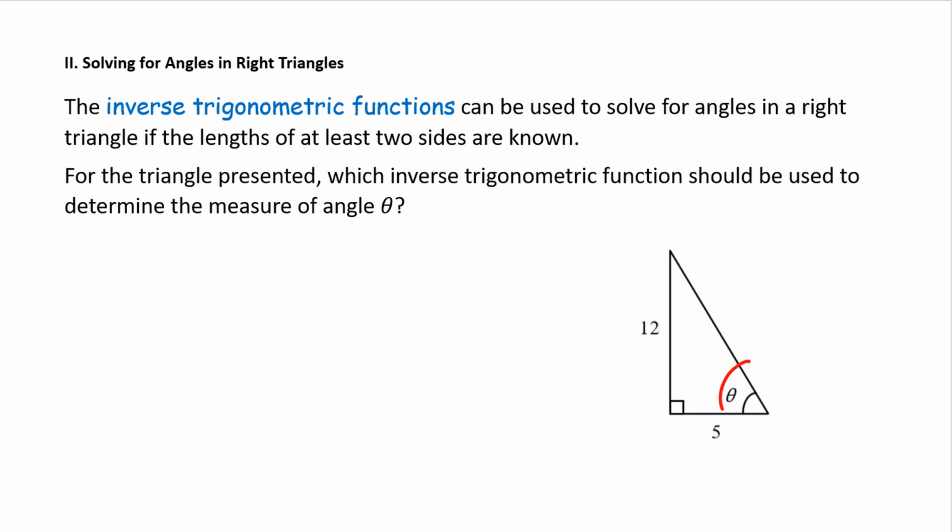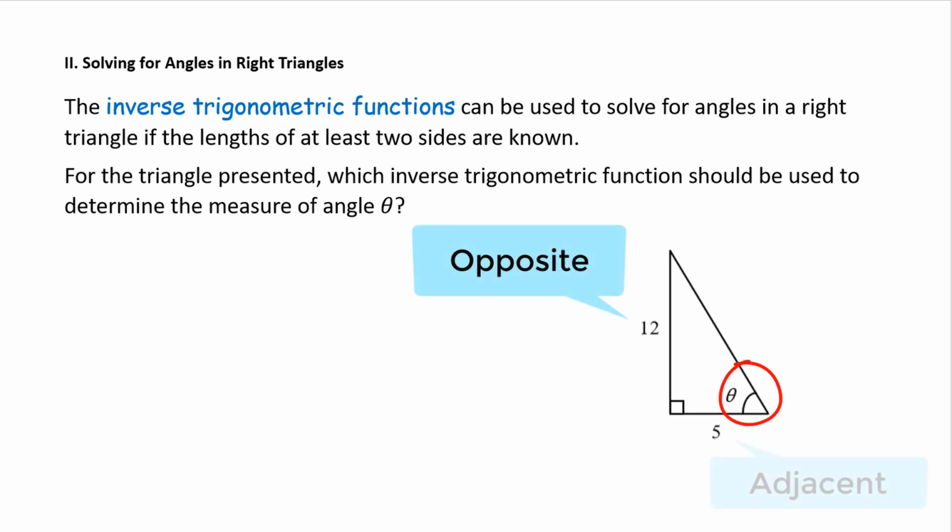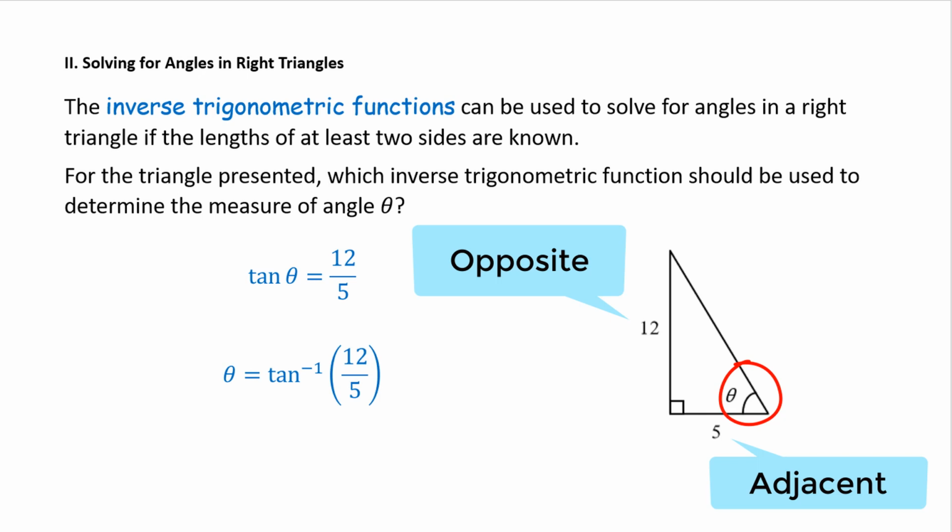For theta, we are given a measurement for the length of the opposite side and the adjacent side. So let's use tangent. Tangent theta would be equal to 12 divided by 5. Then, using the inverse trig function definition, we can solve for theta as theta equals tan inverse of 12 over 5.